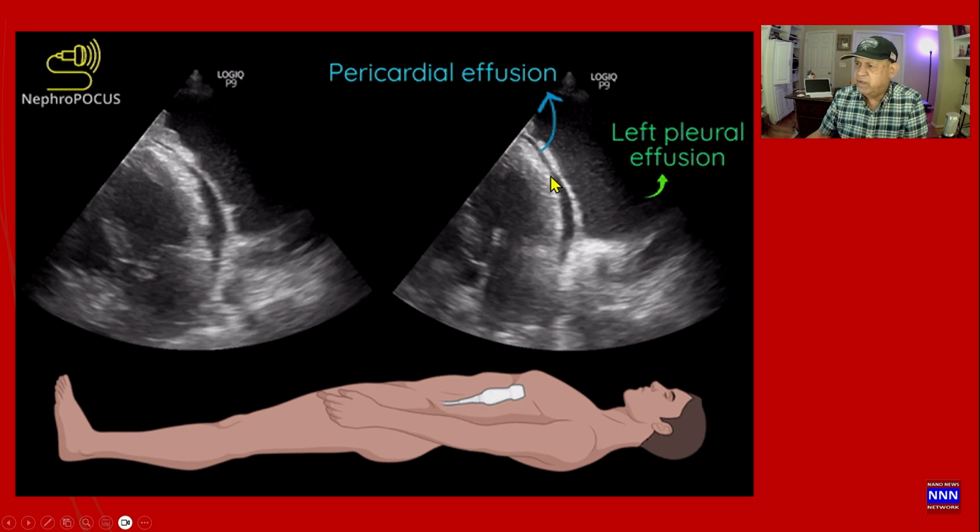So sometimes we can see both pericardial and pleural effusions. The way to differentiate is, where does this fluid stop? If it stops right in front of the aorta, which is here, that means that it's pericardial effusion. Beyond that is pleural effusion.